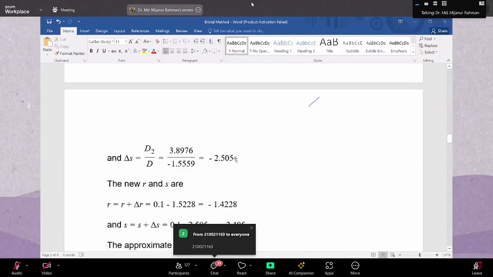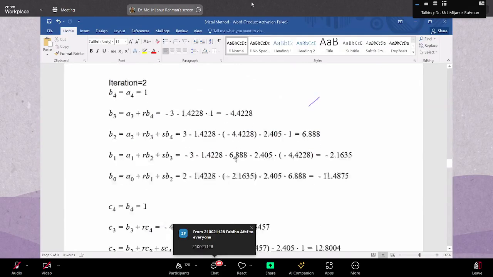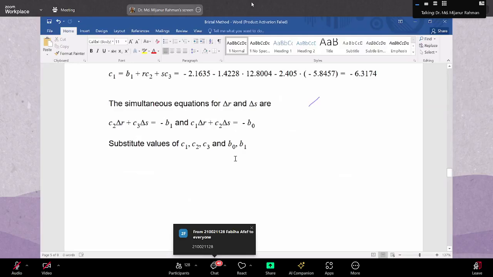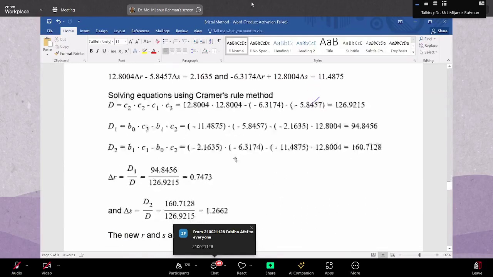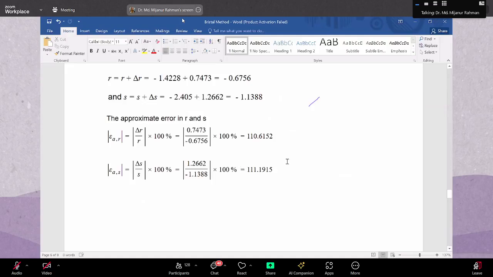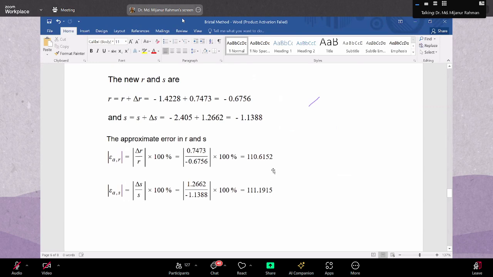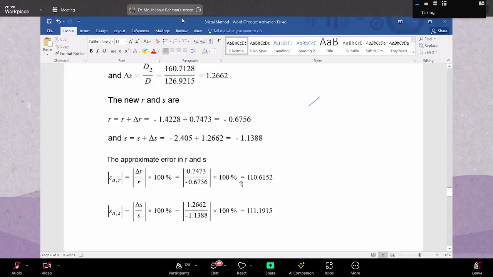So from these two iterations, we understand we can determine the value of delta R and delta S, and then we can finalize the value of R and S. After that, we have to check the percentage error. If the percentage error is more than the given value, we have to go for next iteration.